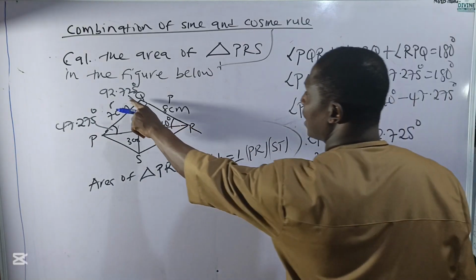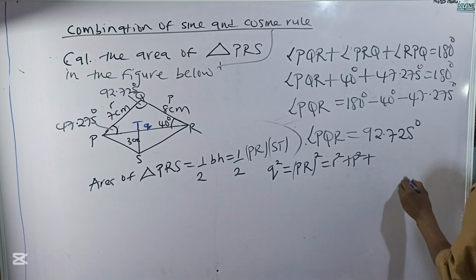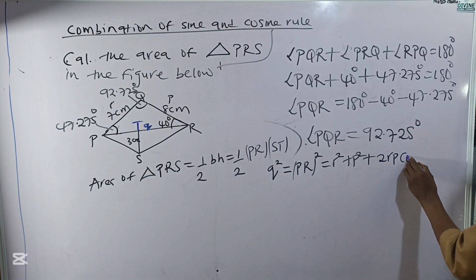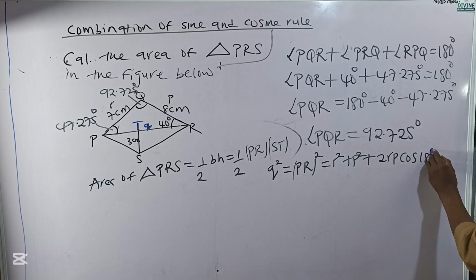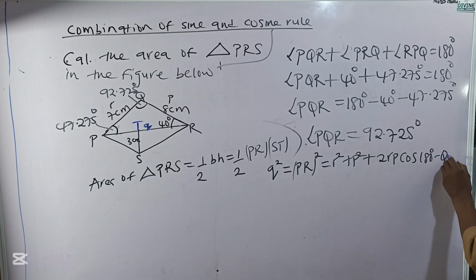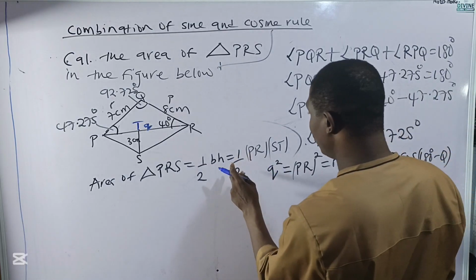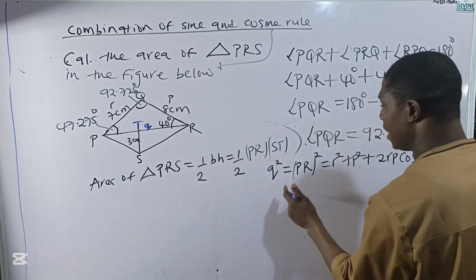Since the angle is greater than 90, I'm going to use plus 2rp cos of 180 degrees minus angle Q. And I'm using PR here, so I can neglect this.